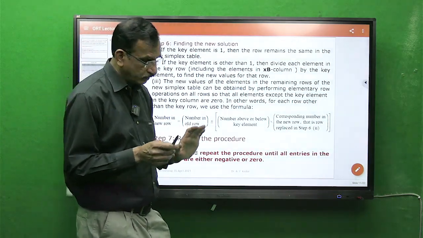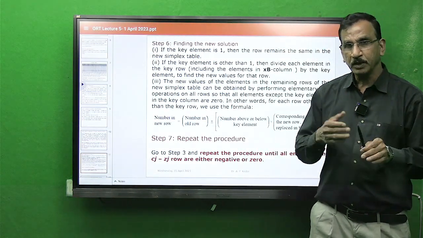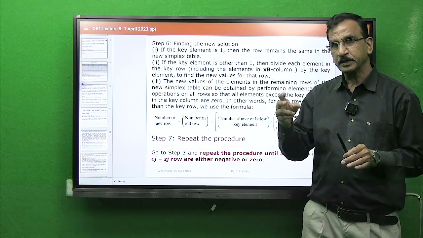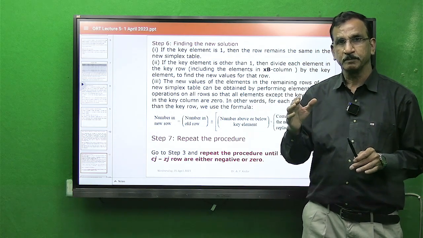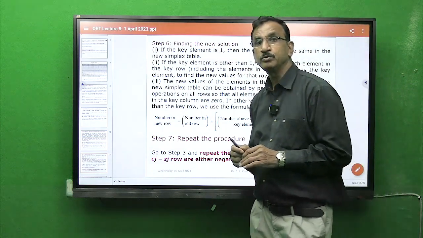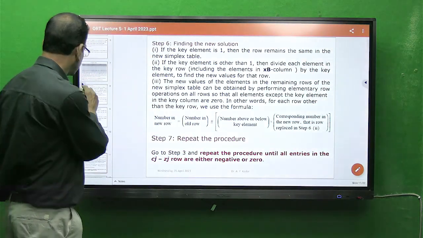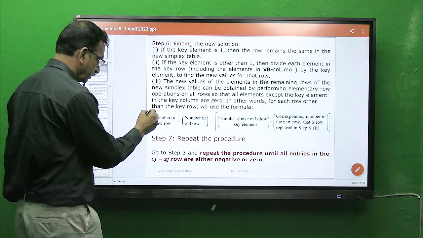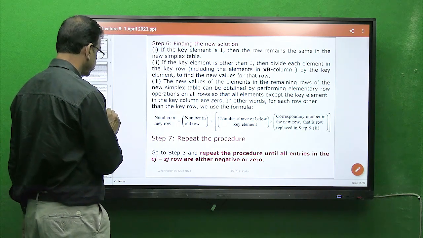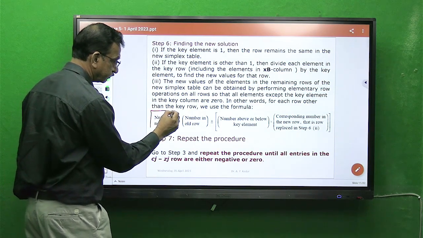And now once we have decided that the initial solution was not optimal and we are moving ahead, and we have decided the entering variable and outgoing variable, I have to check now for the new solution. This particular formula we will be using in analytical treatment.